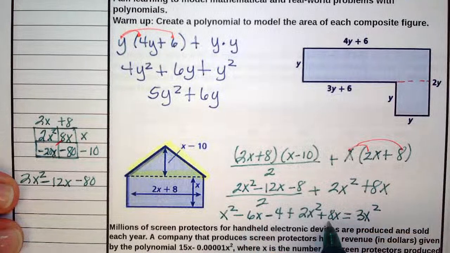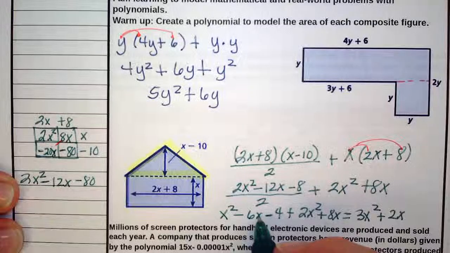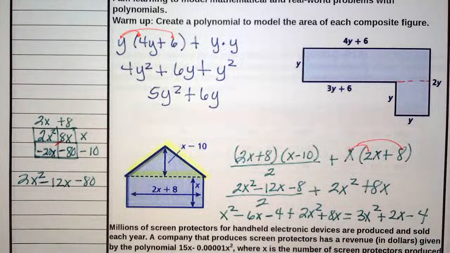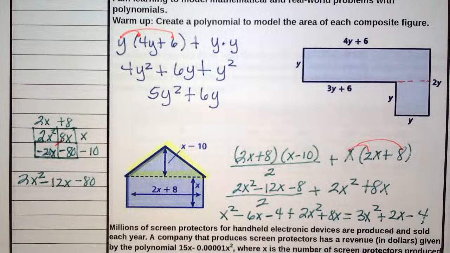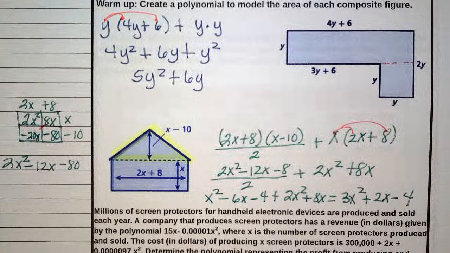Negative 6x plus 8x is positive 2x, and then minus 40 at the end. And we are done. So, 3x squared plus 2x minus 40. And that would be the equation for the area. But we would have to know what x was to be able to solve.